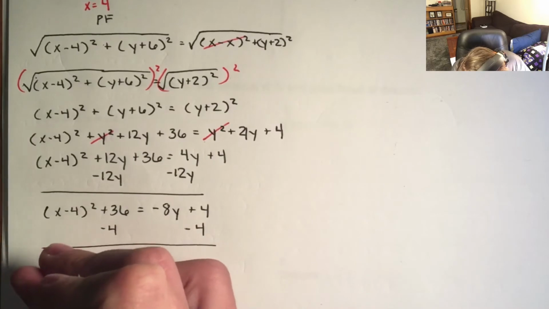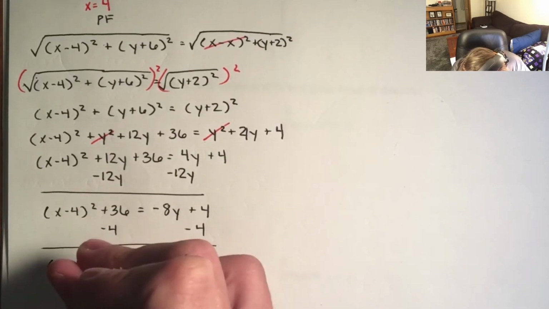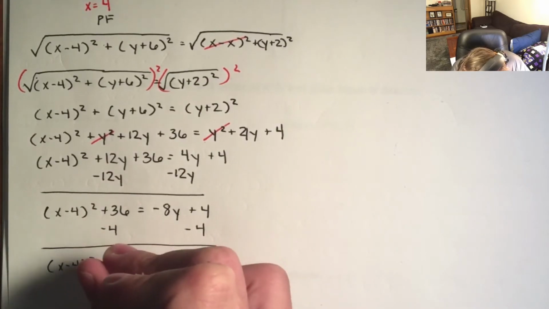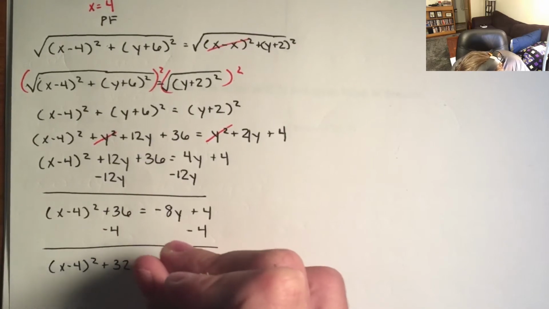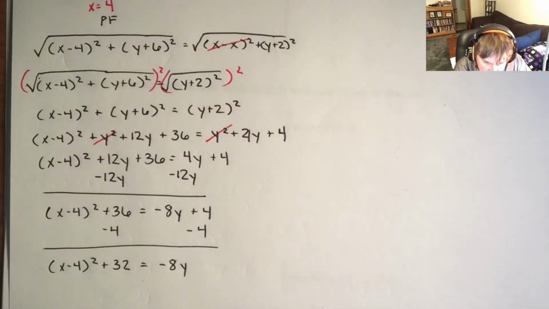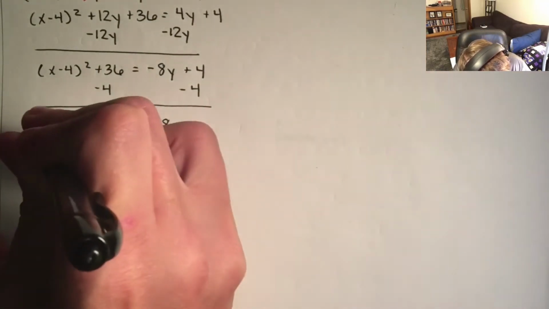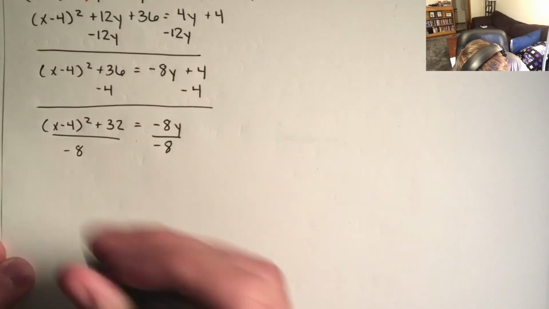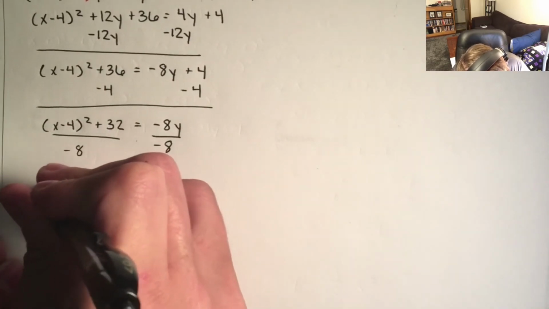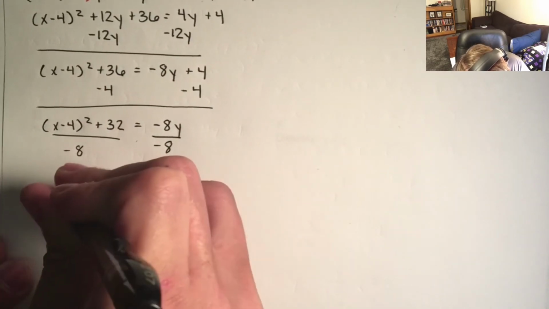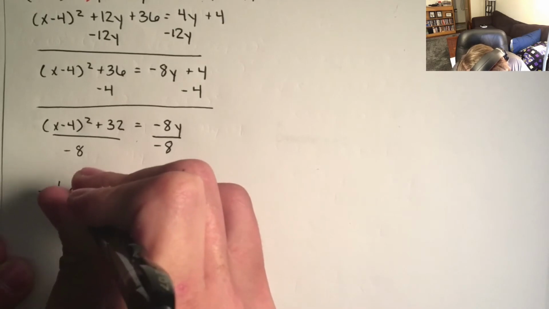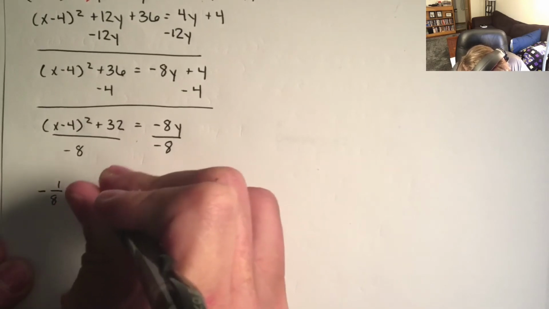So now I have (x - 4)² + 32 = -8y. And now I just have to get the y by itself, which is going to be done by dividing by negative 8. And so I'm going to have -1/8 (x - 4)².